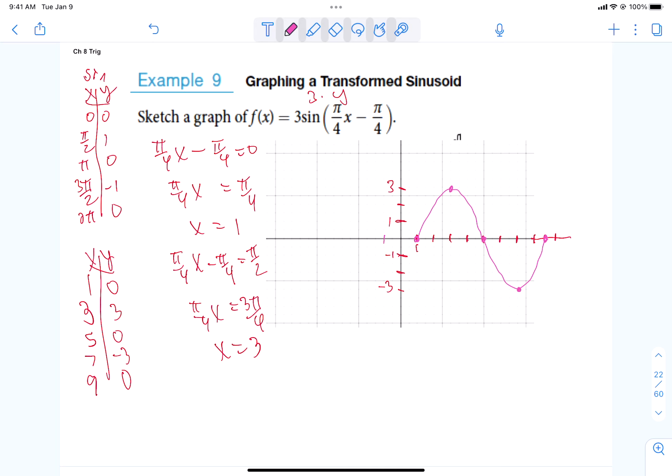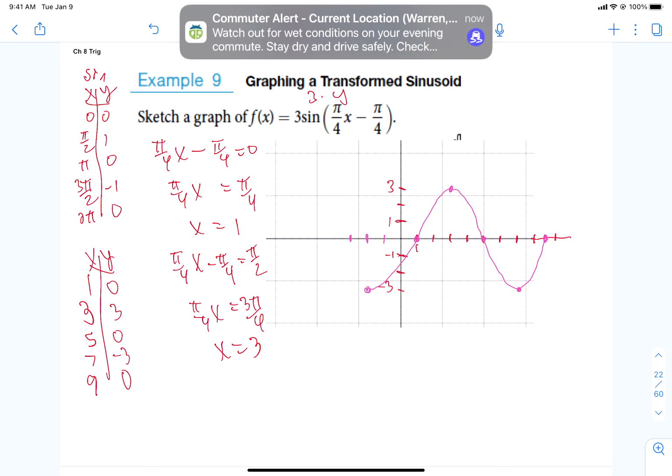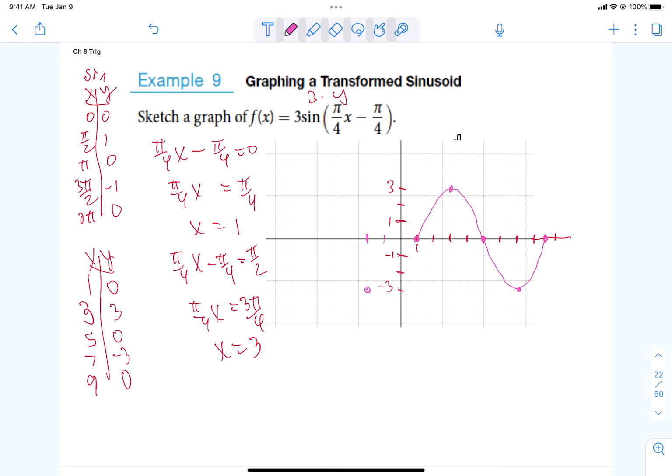I think I'm scooched over a little bit. So it'd be right here, and then right here, we'd be back up, and then we'd be back down there. Okay, so I think that's pretty good.